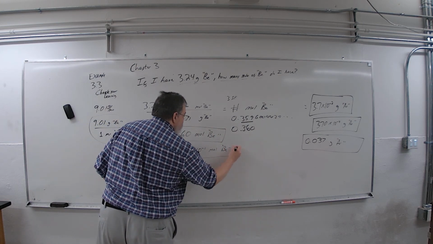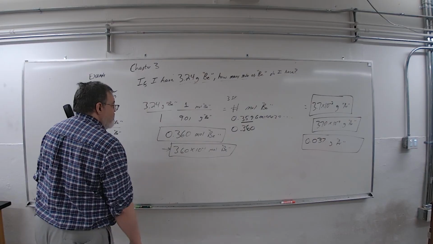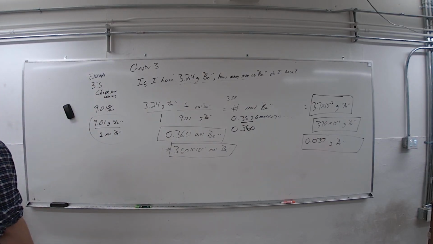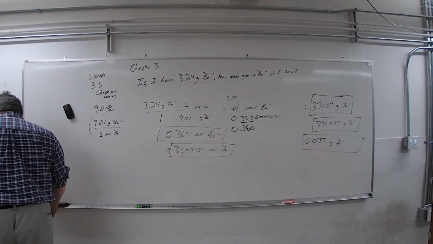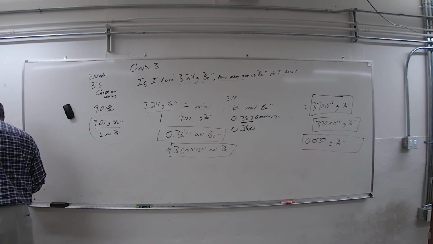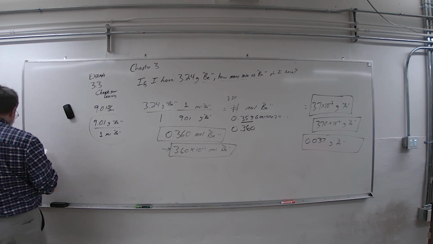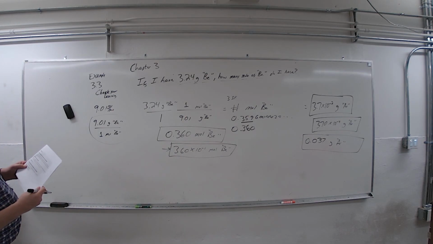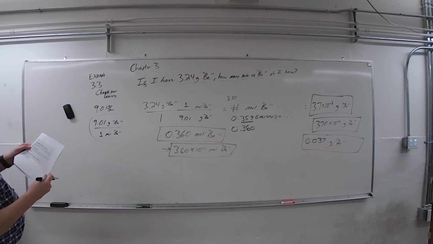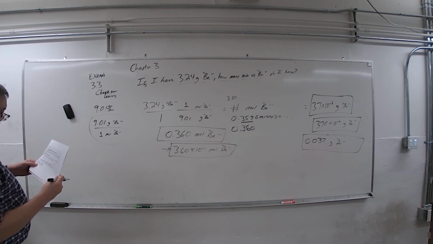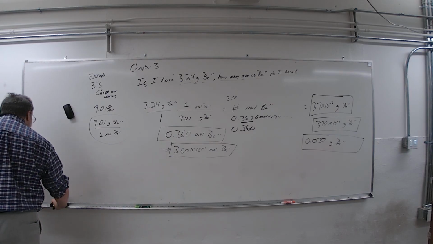This one is in standard scientific notation. So that was the check your learning for 3.3. Now 3.4, check your learning for 3.4.